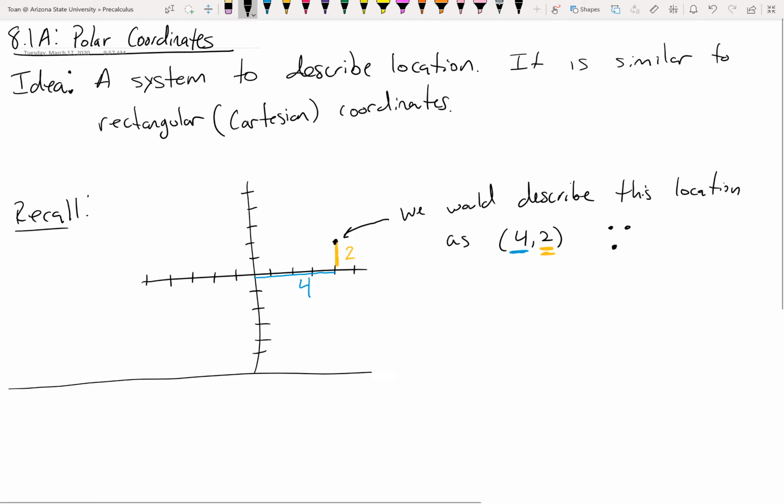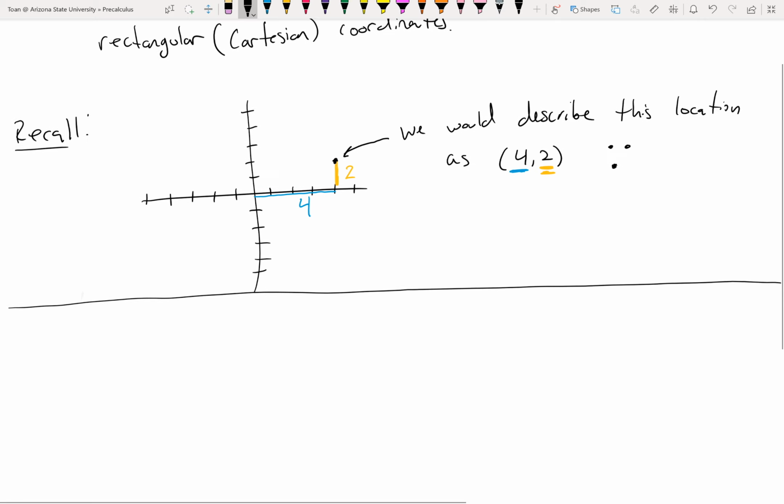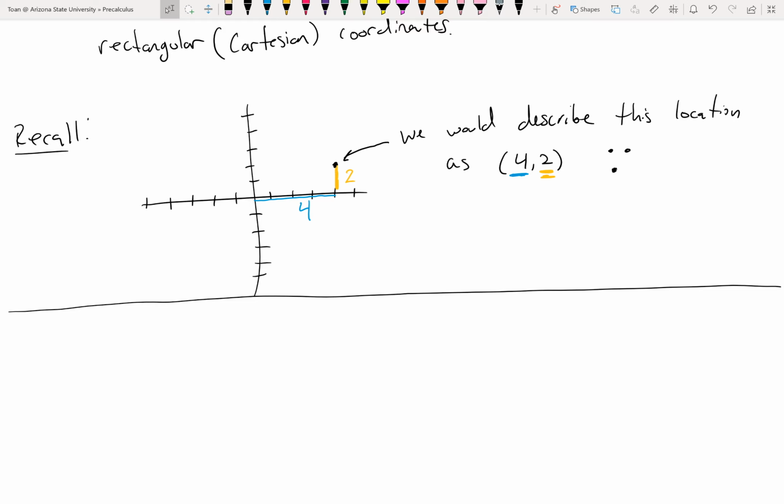Polar coordinates does the same thing. It describes location, but instead of using left and right or up and down motions, it describes location based upon angle of rotation and linear distance from the starting point. So let me go ahead and write that in words.